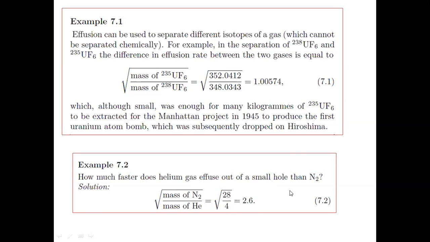If you have two balloons, one filled with nitrogen and the other filled with helium, which is faster in effusion? The factor is about 2.6.